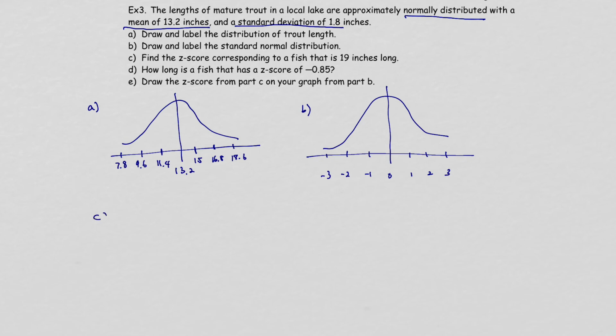And C is asking, find the z-score corresponding to a fish that is 19 inches long. So 19 inches is going to be somewhere here, right? And we wanted to find the z-score.